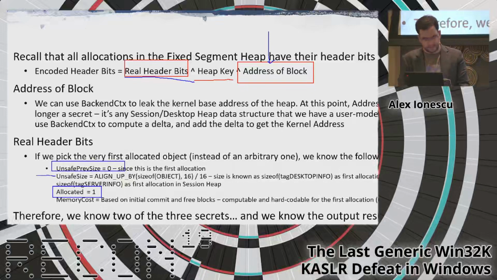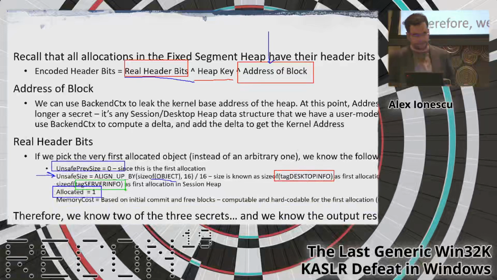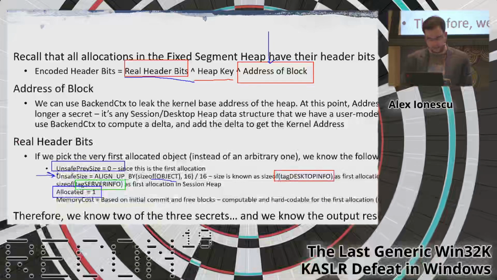And size is going to be the size of the first object divided by 16. Win32k always allocates tagDESKTOPINFO as the first allocation in the desktop heap. And it always allocates tagSERVERINFO as the first allocation in the session heap. So if you know the size of those structures, which is fixed, divided by 16, you now know unsafe size.